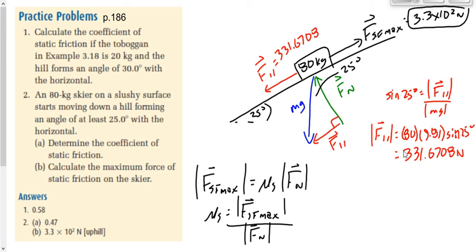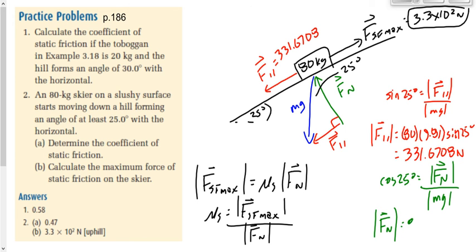The normal force is, well, the Pythagorean theorem, or as I prefer to do it, the cosine function. Say cosine 25 degrees is equal to the adjacent side, that's going to be Fn, over the force of gravity.